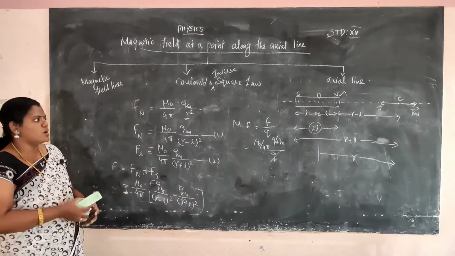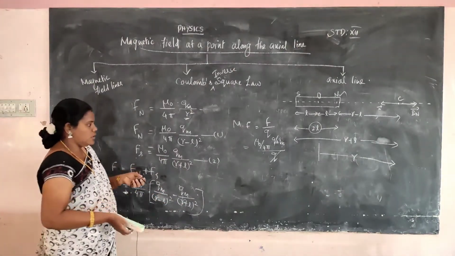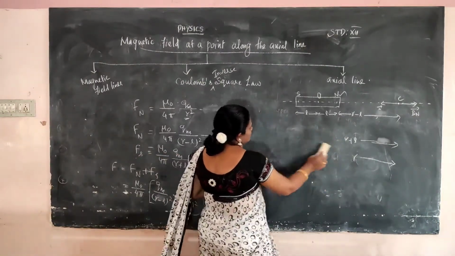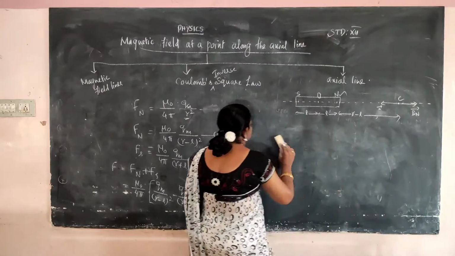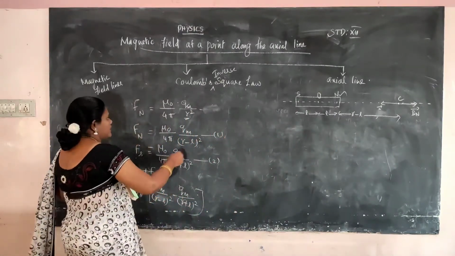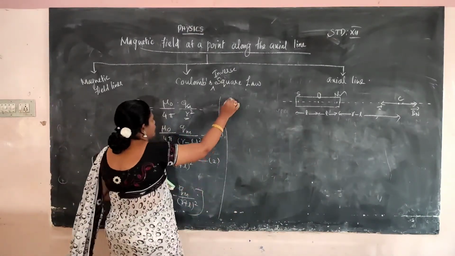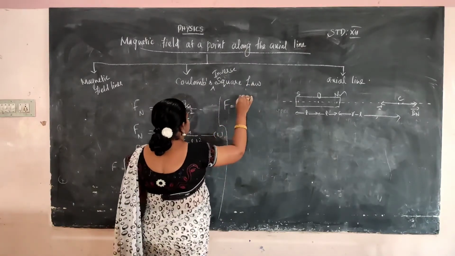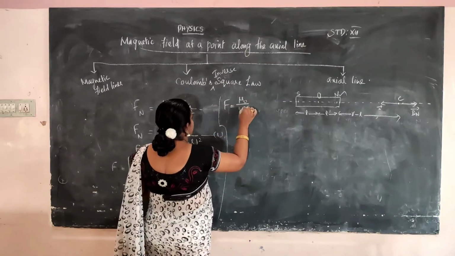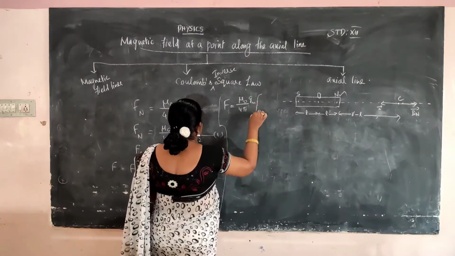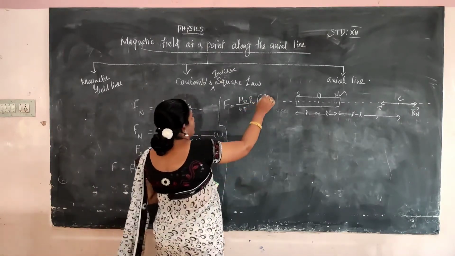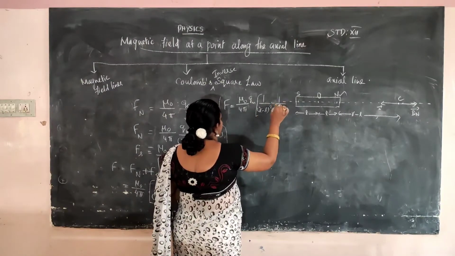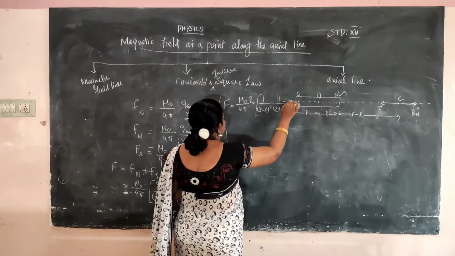Taking Qm outside, the total net force F is equal to mu naught by 4 pi into Qm into 1 by r minus L the whole square minus 1 by r plus L the whole square.